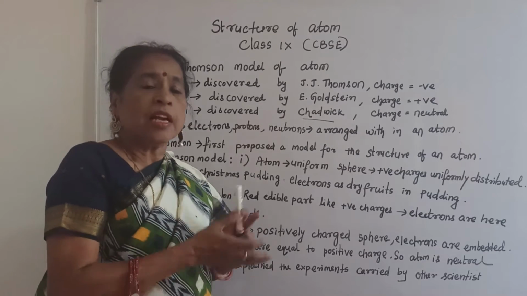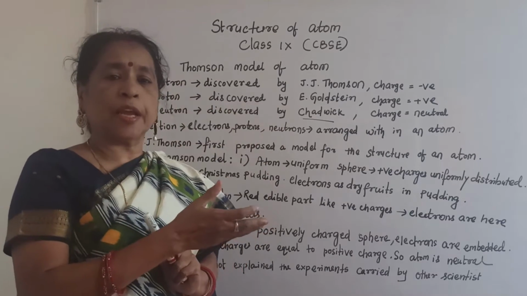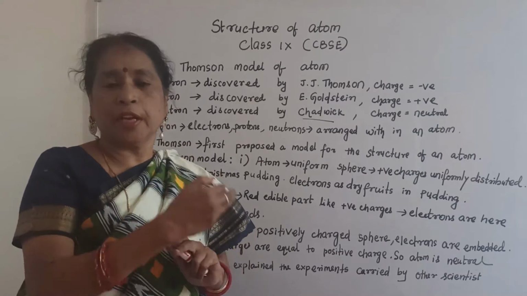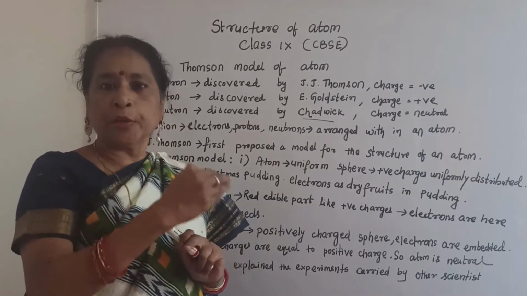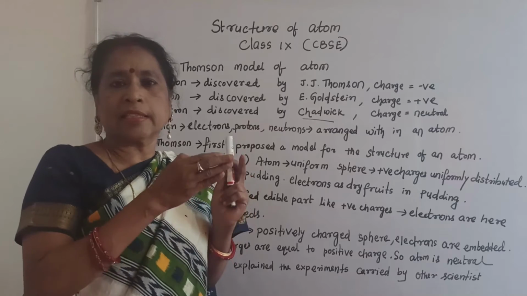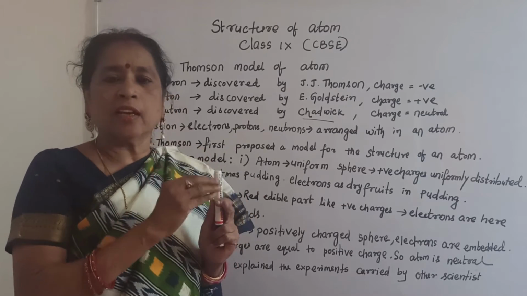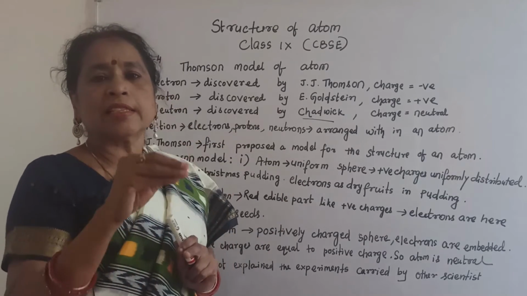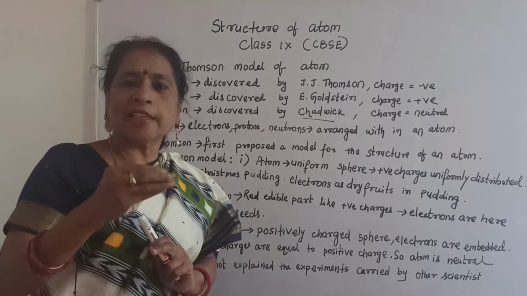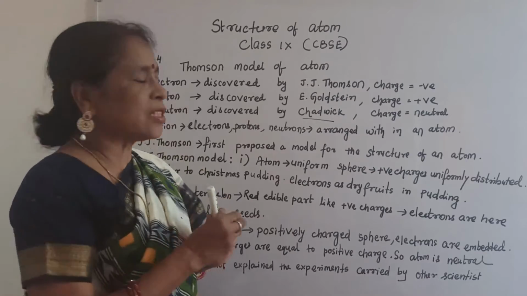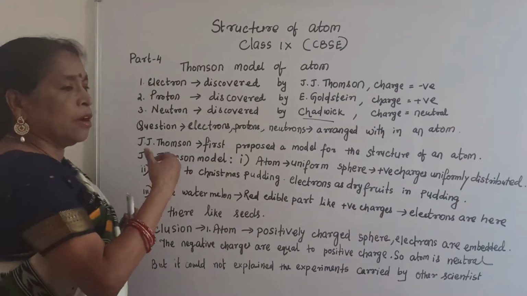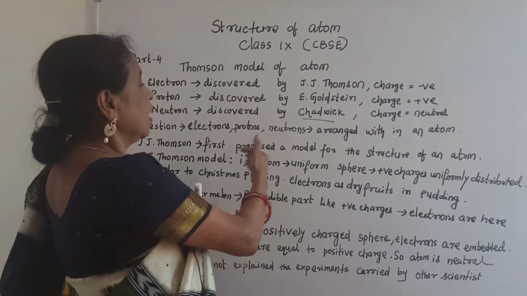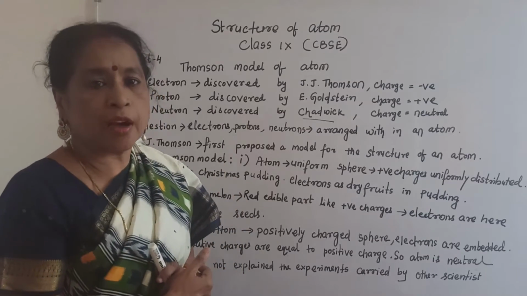Are you clear? Now I want to explain again. After the discovery of electron, proton and neutron, the scientists thought about how the electrons, protons and neutrons are arranged inside the atom. Many scientists came, and first J.J. Thomson proposed one theory, that is called the Thomson model of atom.